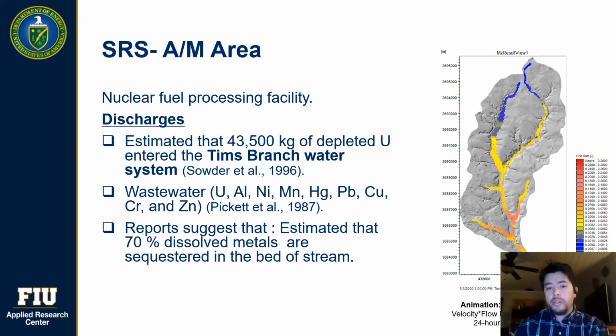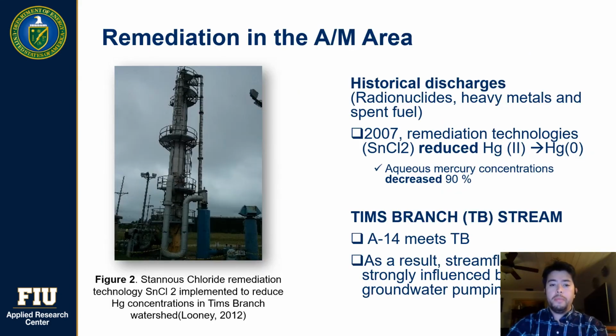Wastewater containing other metals and radionuclides such as aluminum, nickel, manganese, mercury, lead, copper, chromium, and zinc were reported as a result of those discharges. And studies suggest that an estimated 70% of all of those metals have been sequestered in the stream sediment, mostly in Speed Pond.